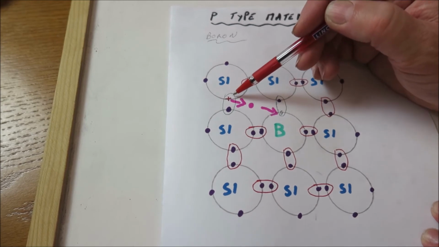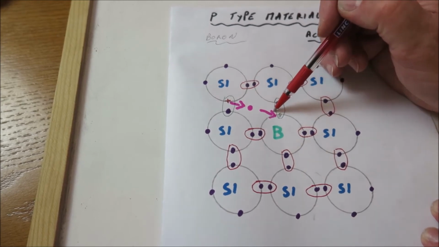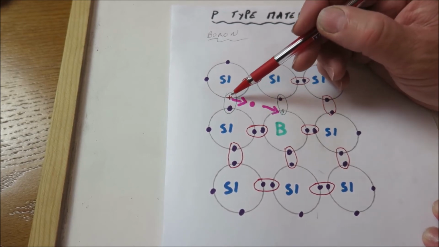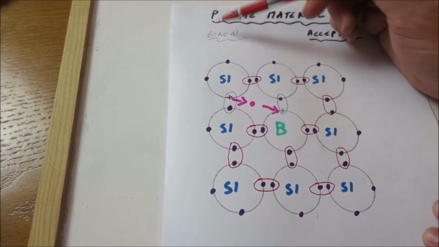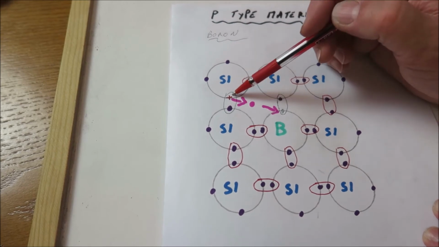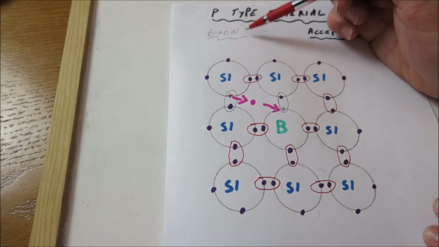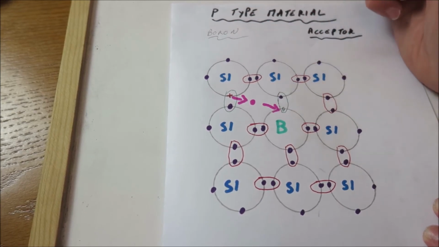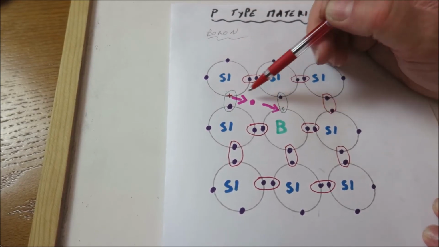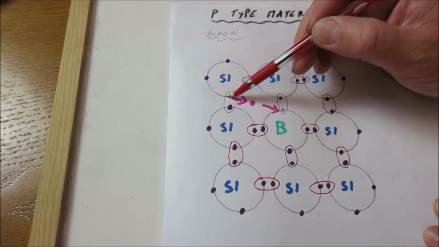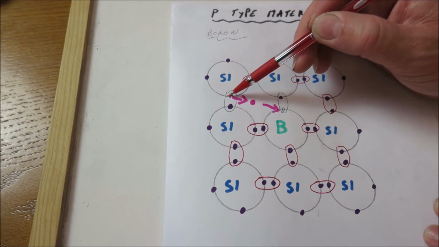As we said, if an electron moves anywhere, it's going to leave a hole behind it. So the hole in this case is the charge carrier in the P-type material. In the P-type material, the hole is the charge carrier. In the N-type material, the electron is the charge carrier. So this is going to jump back and forth here, leaving a hole, a positively charged hole, because the electrons are negative.